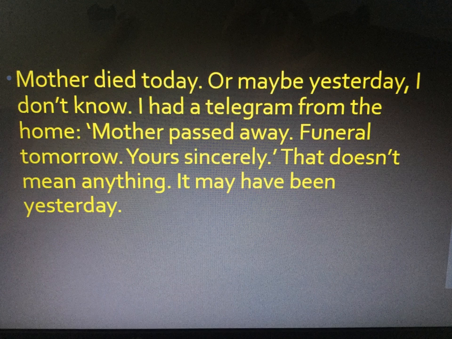And then we get a complex sentence to follow that, or maybe yesterday, comma, I don't know. And look at your punctuation. It forces us to stop at or maybe yesterday, and then obviously we have a massive issue there in terms of structure because that contrasts with what's just been said. Therefore, we're wondering why the writer or the narrator doesn't know when their mother died.